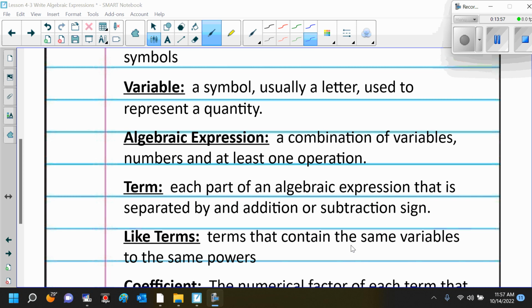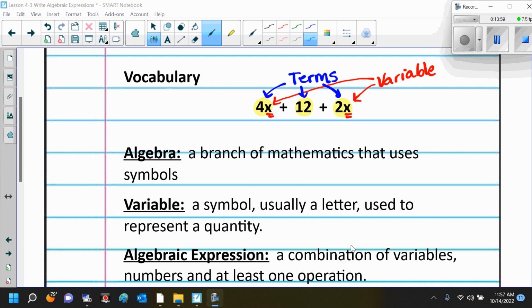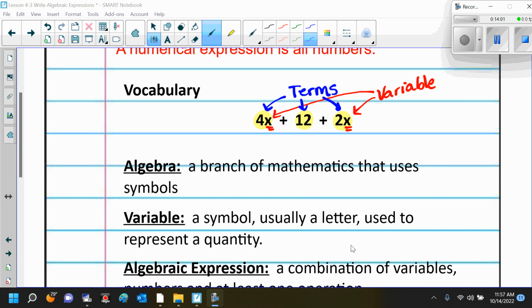So if I go back up to my diagram, the like terms are the 4x and the 2x. Those are like terms.